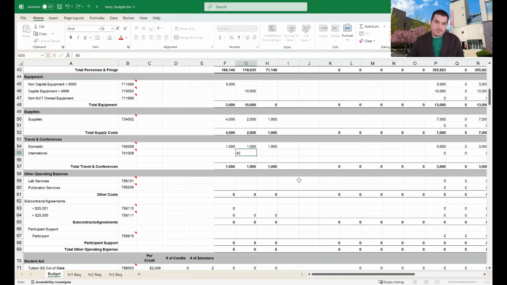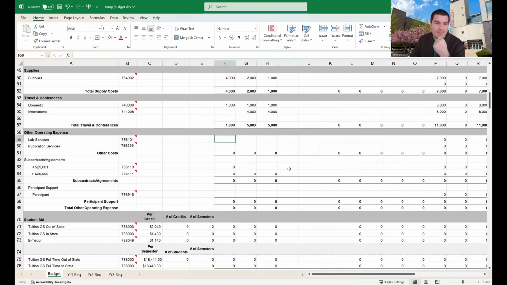And so typically $4,000, which will pay for an international conference. If you are able to put this into domestic, obviously it's going to be cheaper. Well, I say that, but the US can be more expensive than other countries in terms of hotel. So it really does balance out.